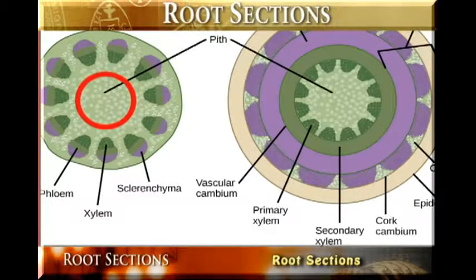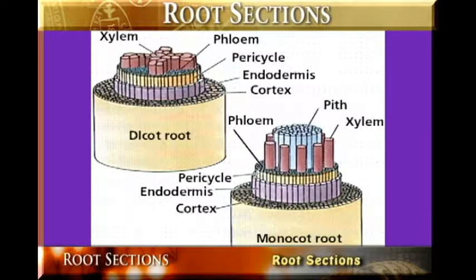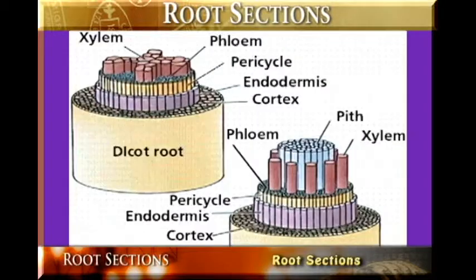So we have seen that the dicotyledonous plants and the monocotyledonous plants have all these structures, but the arrangement is quite different. In the dicotyledonous plant, the xylem has the structure of a star, and it is in the center, whereas the phloem are at the sides of the xylem.